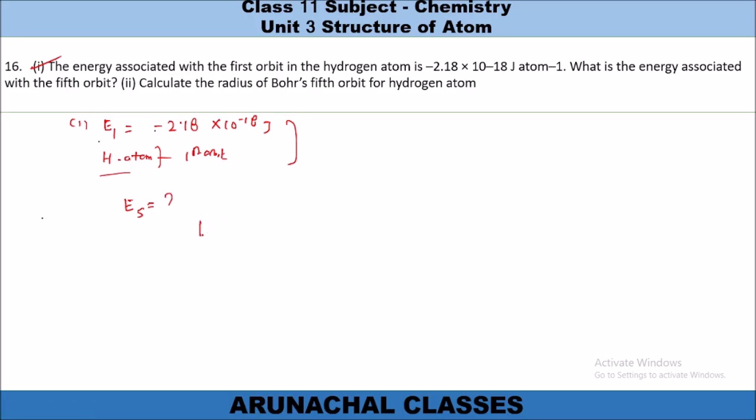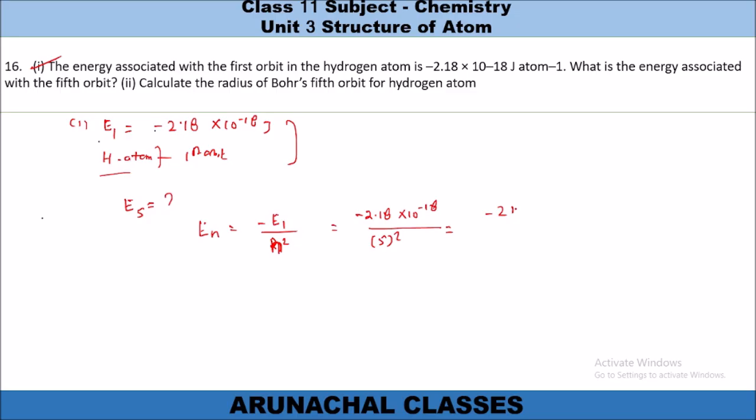So we know that energy for the nth orbit will be given as minus E1 divided by n square. Now E1 is minus 2.18 multiplied with 10 power minus 18, divided by n square, meaning 5 square, that is 25.